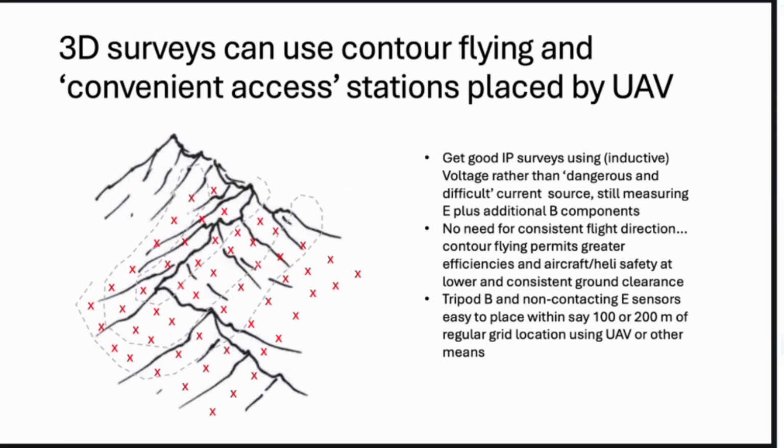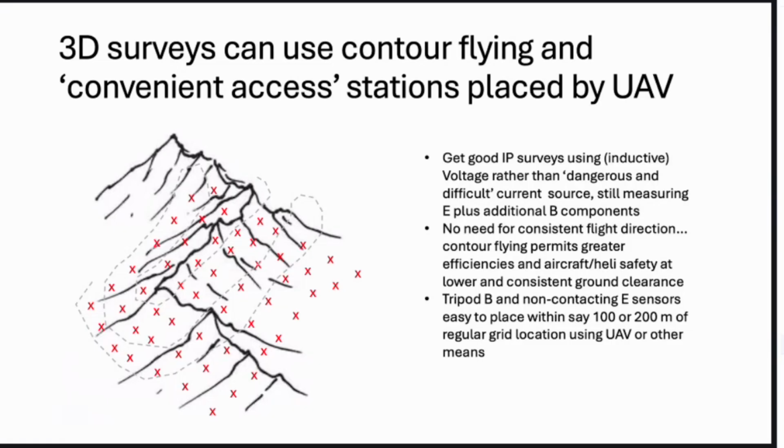But if you're looking at exploration in the Andes for copper, 3D surveys could use contour flying and convenient access stations placed by unmanned aircraft. So you'd actually get good IP surveys using a voltage source rather than the dangerous and difficult current sources that require trucking in huge amounts of water.